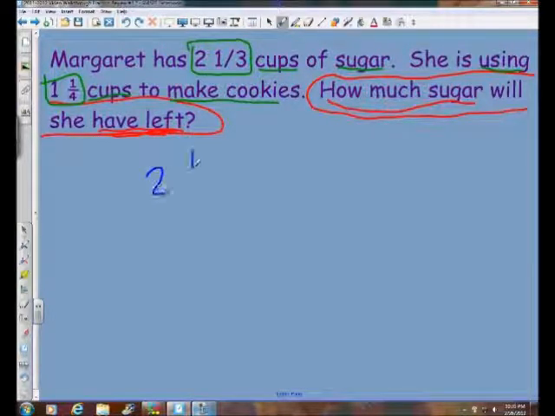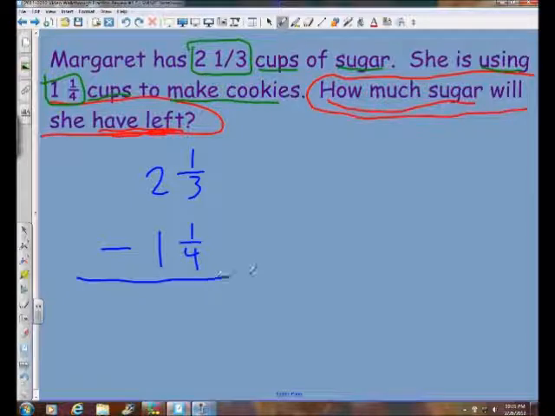We've got 2 1/3, and we're also working with 1 1/4. Hopefully you were thinking it would be subtraction, and if you were, you are exactly right. So it's subtraction. She starts with 2 1/3 cups of sugar, and she's going to take away 1 1/4 cups to make the cookies. So how much will she have left?